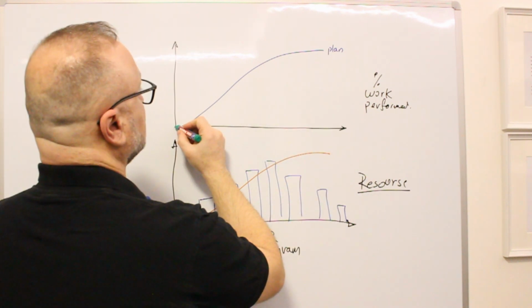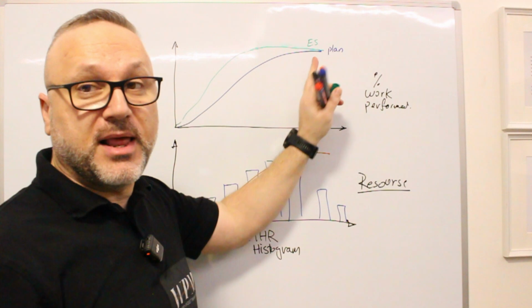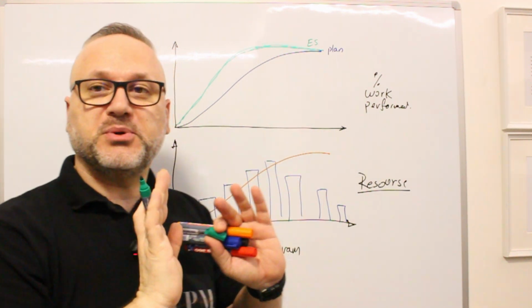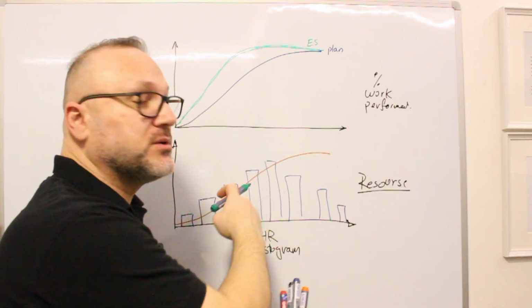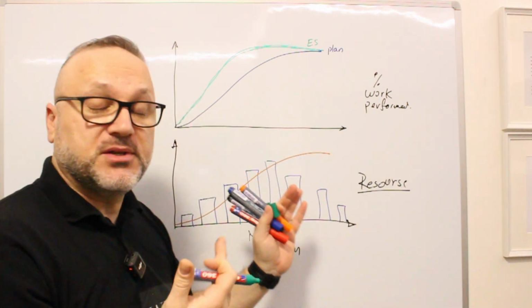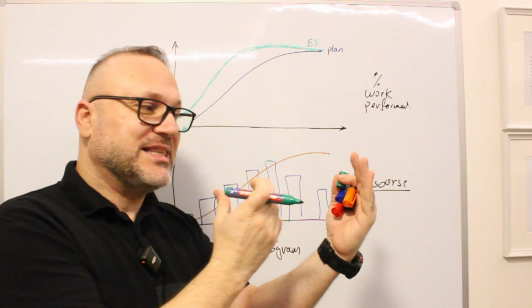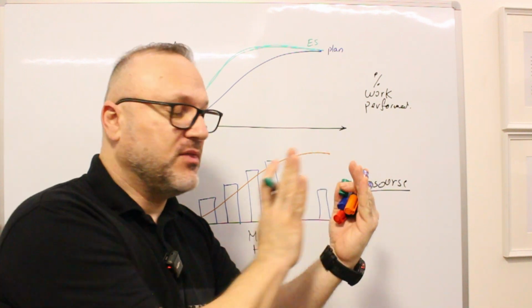How about if I push them as far as I can because my resources are for some reason not available, so I push them to the maximum to take all the available float?